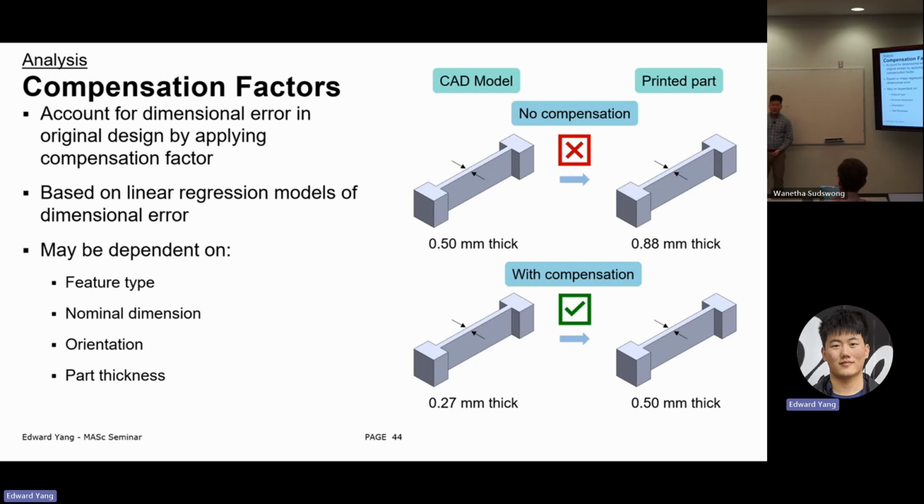If a designer can anticipate this by generating that offset and applying it beforehand, so the model is designed to be 0.27 millimeters thick, once printed, it should come out closer to the desired accuracy and desired feature size. All of these compensation factors can be generated from the linear regression models from earlier, which are again dependent on which feature you're looking at, the nominal dimension of the feature, and so on and so forth.